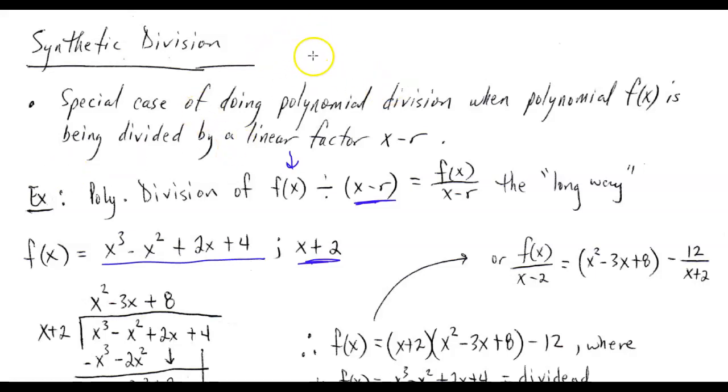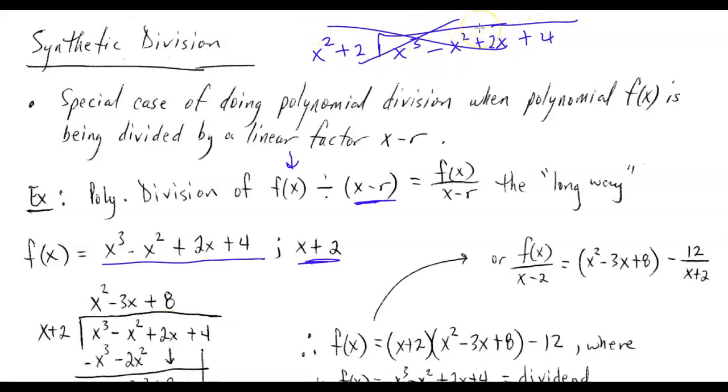So for instance, if I would have something like x squared plus 2, and I wanted to take that and divide it by x cubed minus x squared plus 2x plus 4, then synthetic division does not work for this. Okay, it only applies whenever we have a polynomial being divided by a linear expression here, meaning that the highest exponent on any variable is a 1.